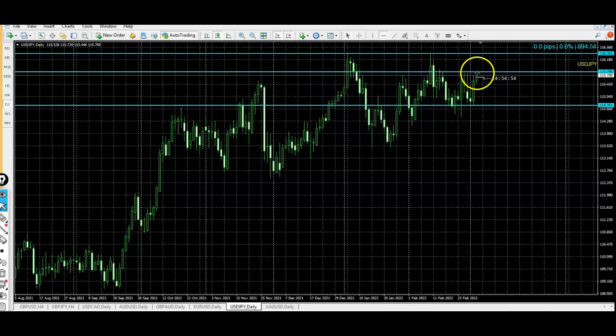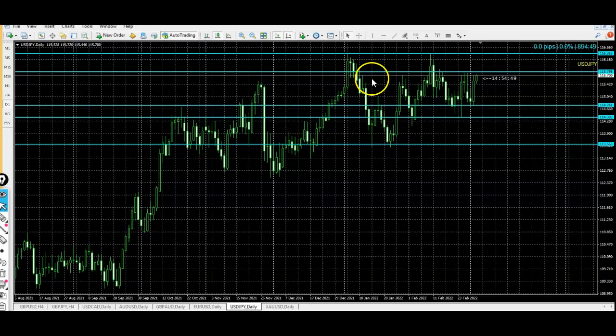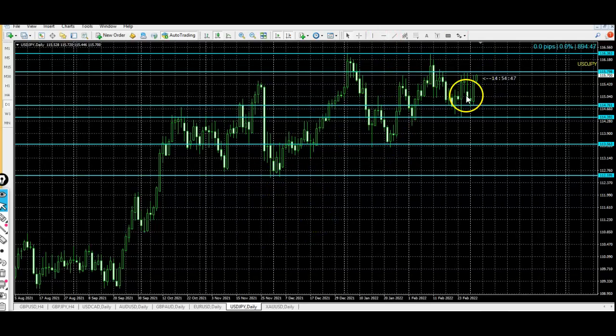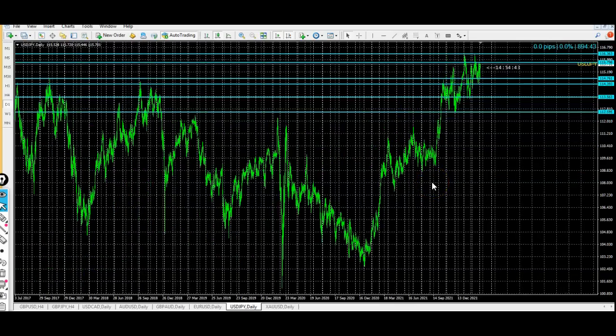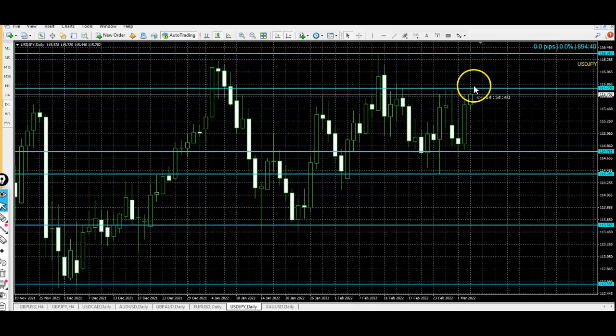So we'll be looking for possible turning points here or here. I'm just marking those levels, and I'm sure you'll be able to mark these levels as well as you are trading. You can mark these levels and see where price is going. If it breaks through here, then this is the next level it might likely turn, or if you're able to get an entry here, this will be your level for take profits.